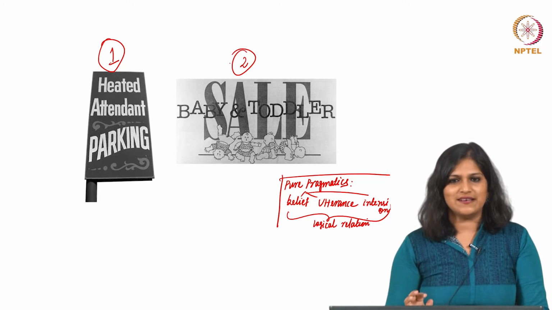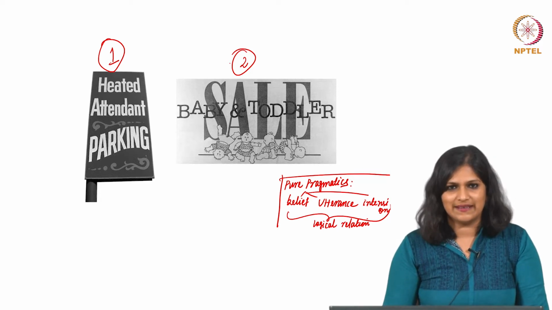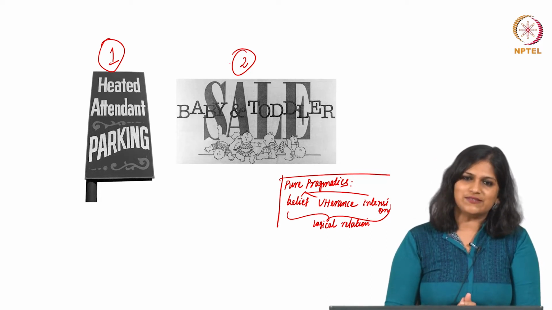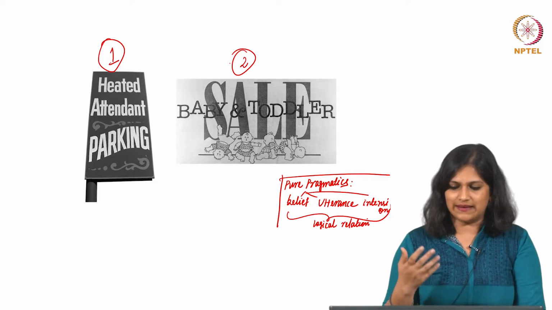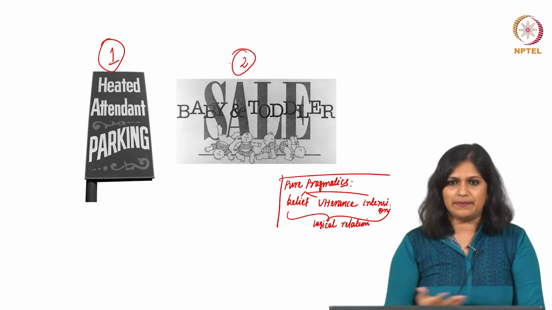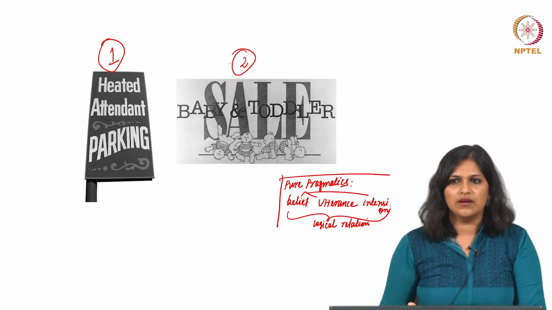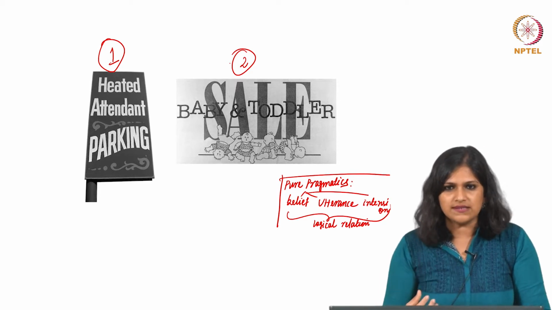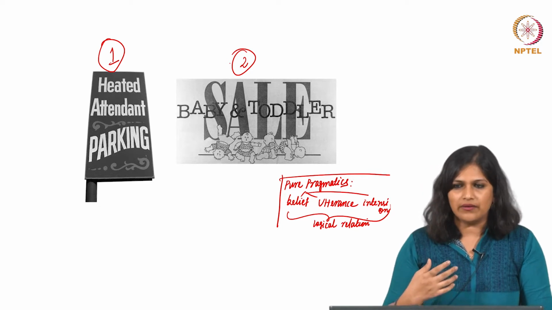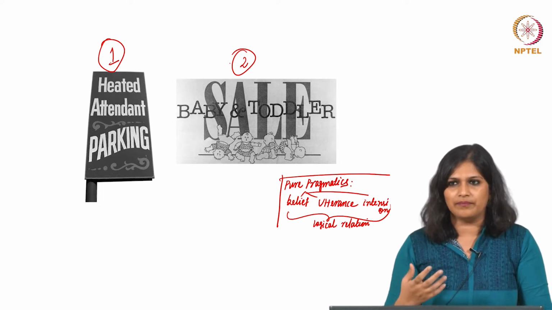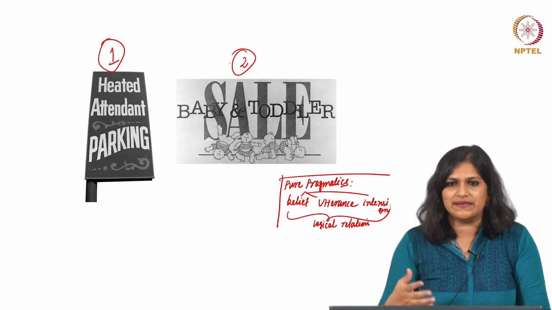So, what is the first impression that you get? That this is a place where people are selling babies and toddlers, which is so inhuman, such a gross thing to think about. How can you sell babies and toddlers?